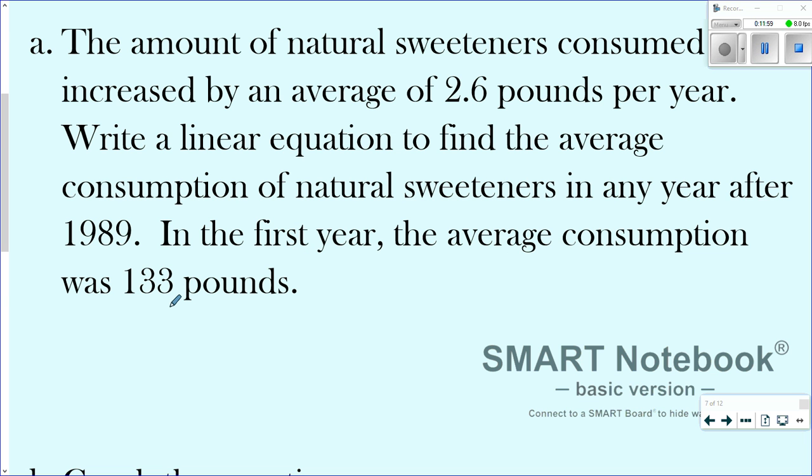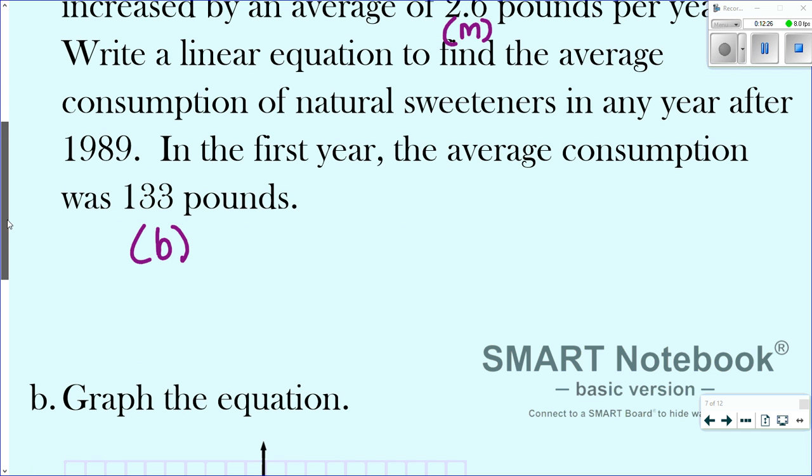So you're starting at that point. So that is our b. Since the rate of change is the same as slope, this one is our m. All right, we found our m and we found our b.